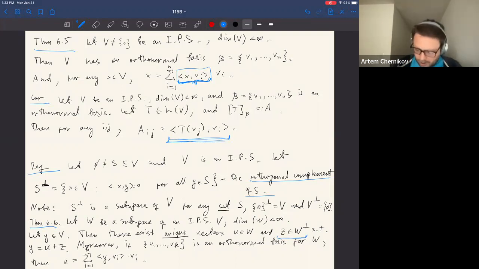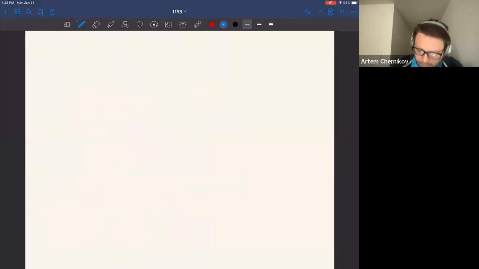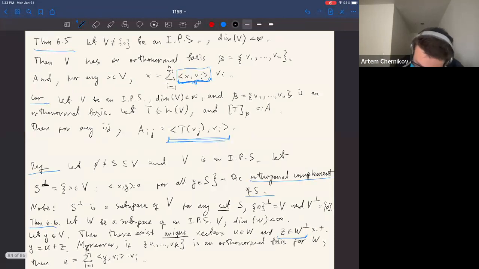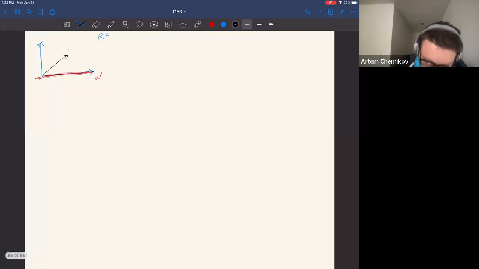All right. If you want to draw a picture here, right? So this is the usual situation. Like I have, for example, in R2, let's say W is just the x-axis. Let's say this is W, and assume I have some vector. What did we call it here? Y. Yeah. So assume this is Y, some vector in V. Then it can be written as the sum of two vectors.